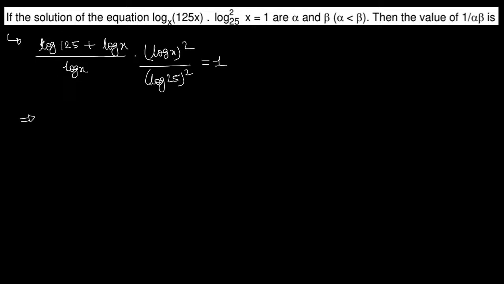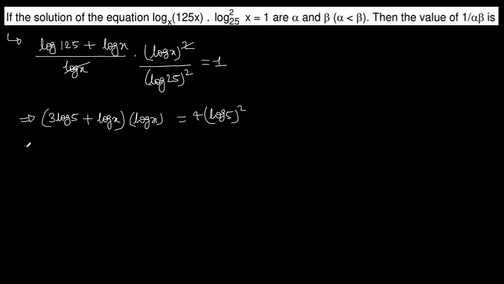This could be written as 3 log 5 plus log x. I think one of the log x will get cancelled. We are getting log x, and here we'll get 4 log 5 whole square.